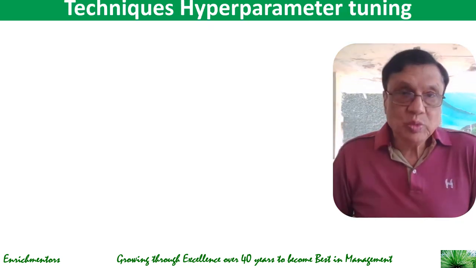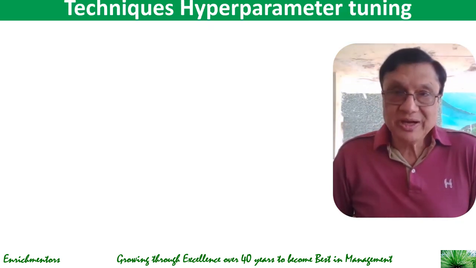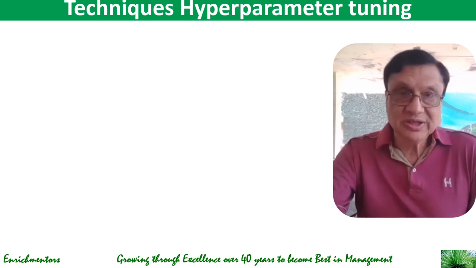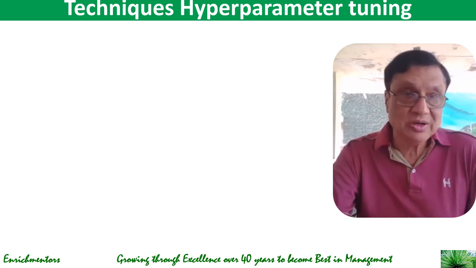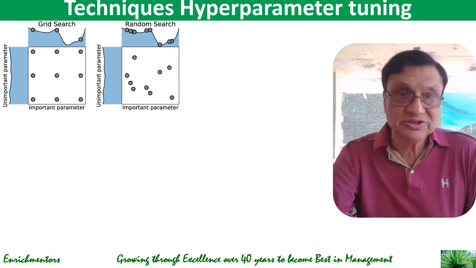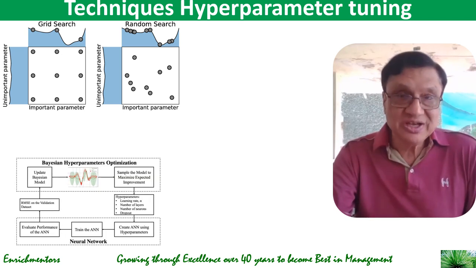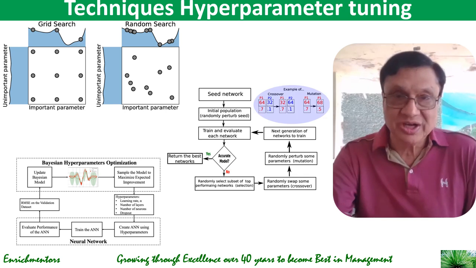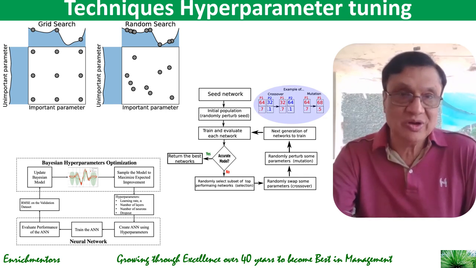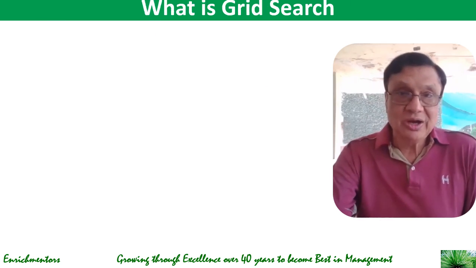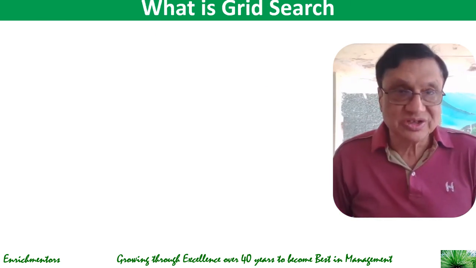Okay, so that's what is hyperparameter tuning. So the question is, what are the core techniques for hyperparameter tuning? Now, these include, as we were talking about, grid search and random search, and more advanced methods like Bayesian optimization and genetic algorithm. So these are the four core hyperparameter tuning techniques. Now let's look at what is grid search.